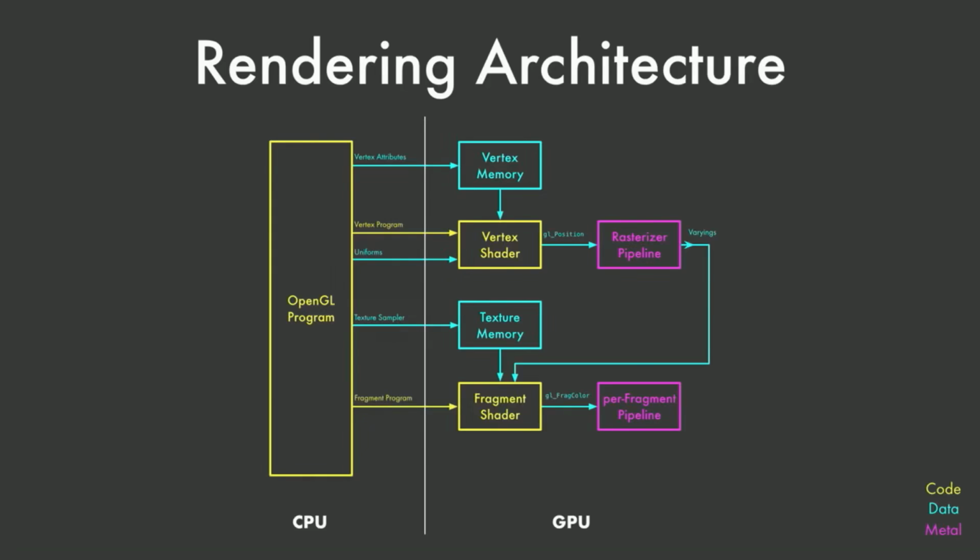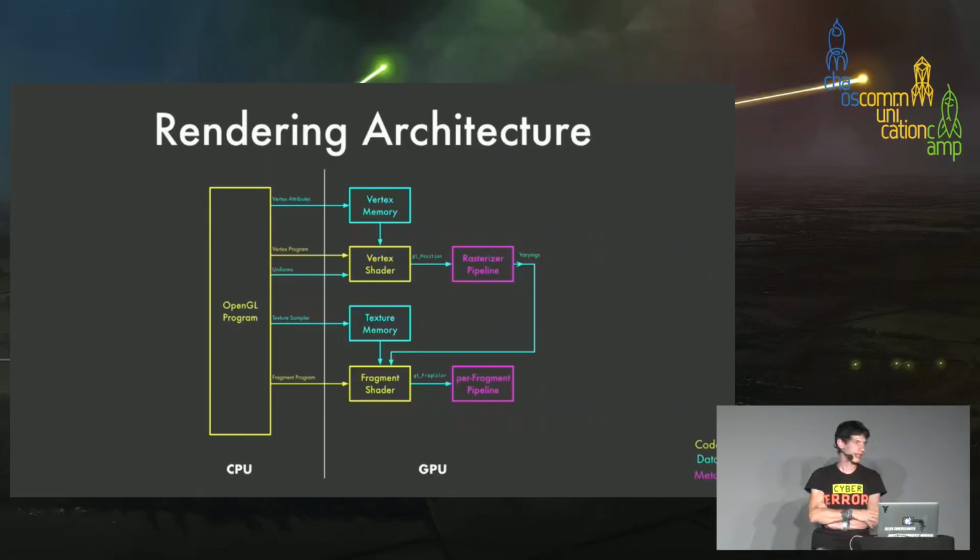So your OpenGL program uploads the vertex data, uploads the texture data, specifies the vertex shader and fragment shader. And then the way it works is, when you render your scene, the vertex shader is responsible for taking all your geometry and then transforming it, moving it around, scaling it, and ultimately projecting it. It then gets passed into the rasterizer stage, which does the actual projection, figuring out which of those vertices end up where on the 2D surface, throwing away a few vertices as well.